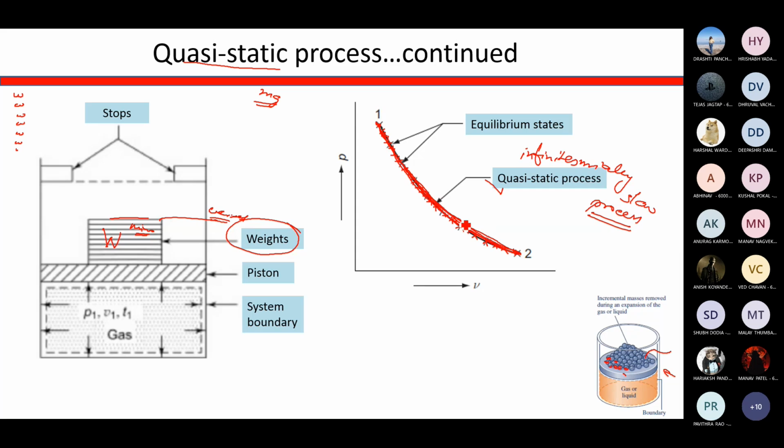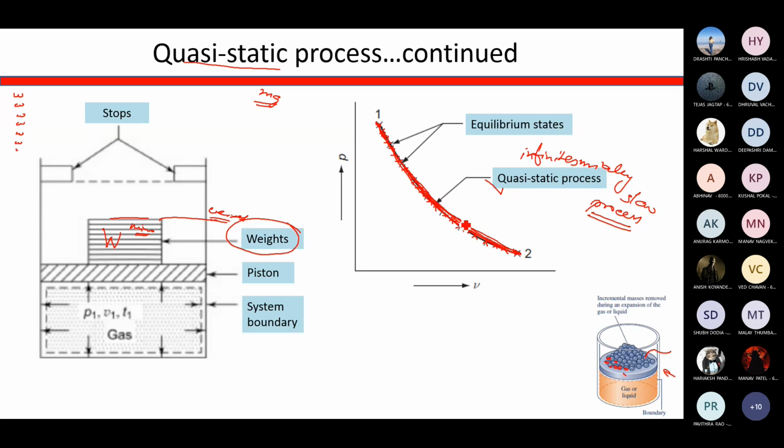Now if you try to replicate the same process using the quasi-static process, what you have to do is push the air inside the tube in such a way that each and every state in between attained by the piston cylinder arrangement is an equilibrium state.